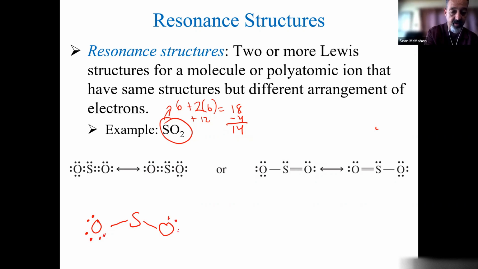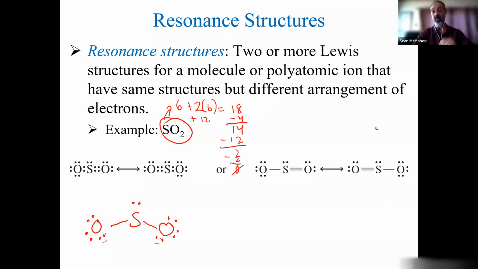Same for the other oxygen: 2, 4, 6, 8 with the bond. With the lone pairs I've added, I've used 2, 4, 6, 8, 10, 12 of the 14, so I have to subtract that. Now, with the remaining 2, what should I do? I'm going to attach them to the central atom, like it said.